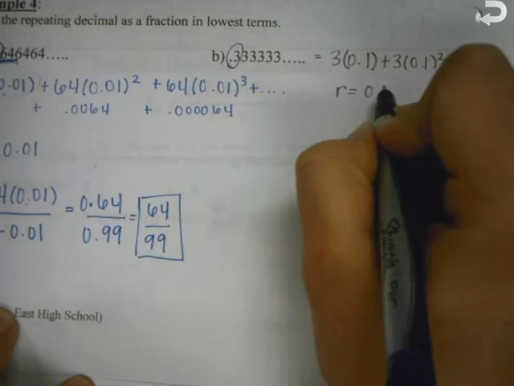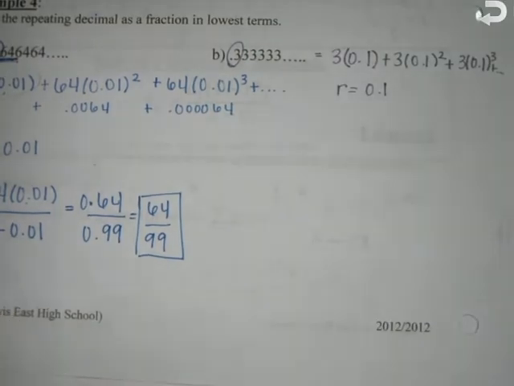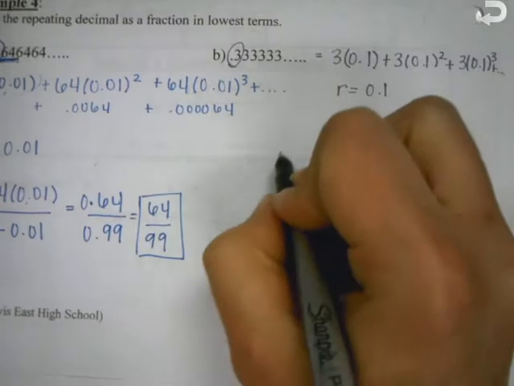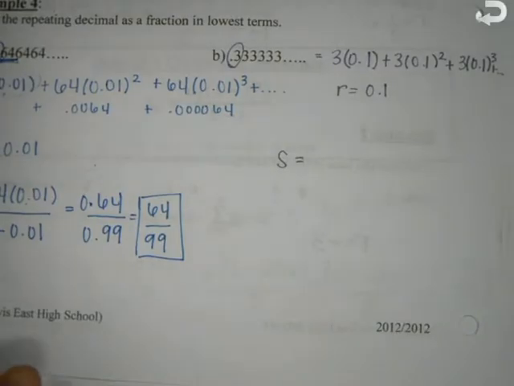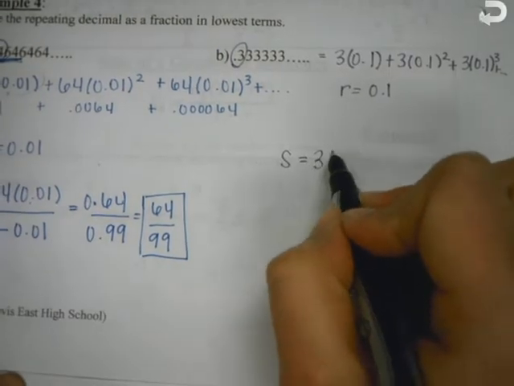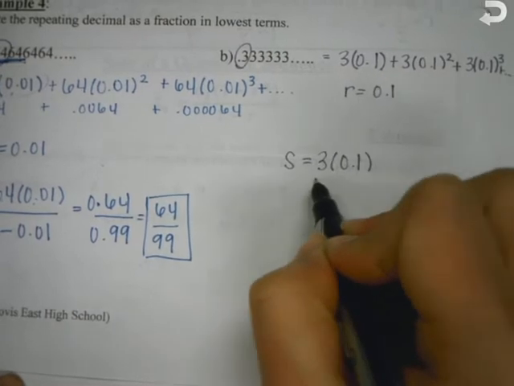So let's do the sum. The sum is equal to 3 times 0.1, that's a sub 1, over 1 minus 0.1.